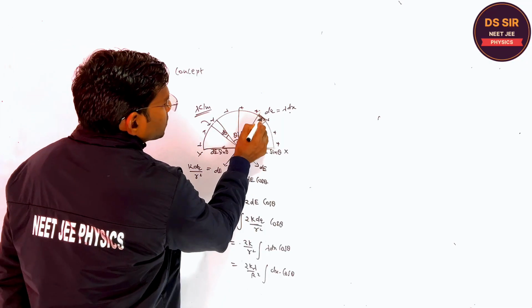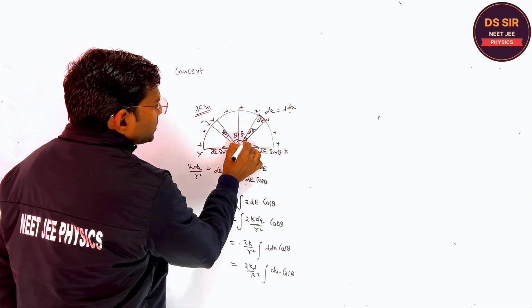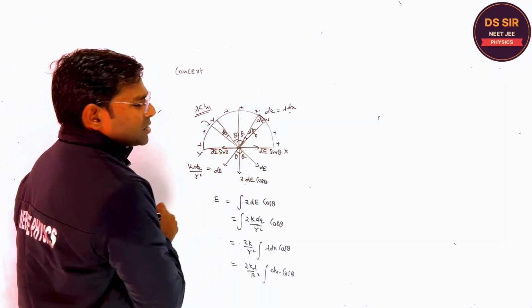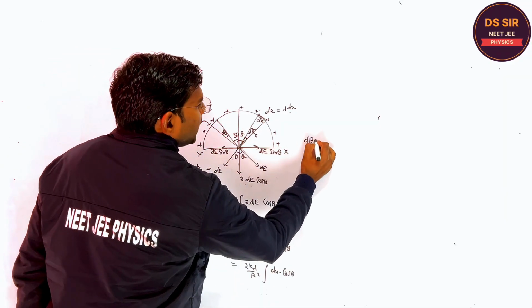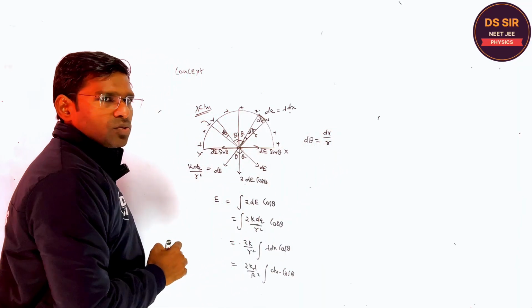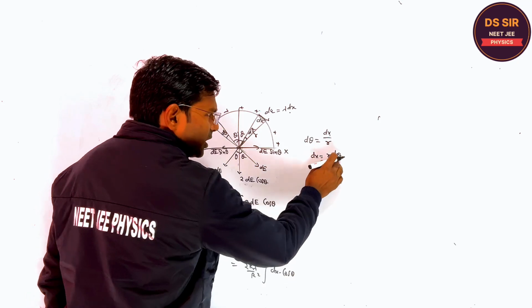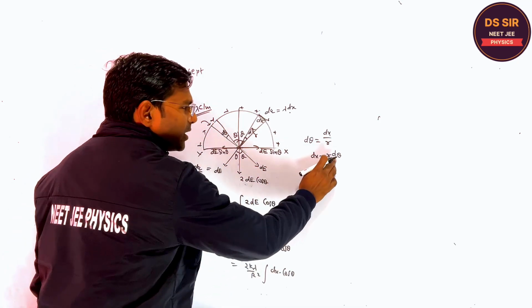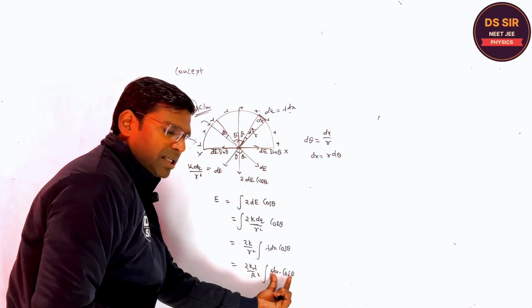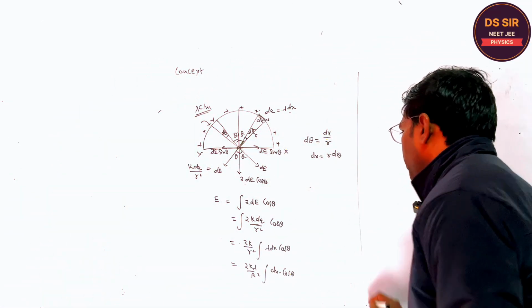In this case, suppose this arc distance is dx, this angle is theta, the radius is r. So angle is equal to arc upon radius, and we will use that. So dx is equal to r d theta. Dx can be written in terms of theta, because inside the integration both variables should be the same.